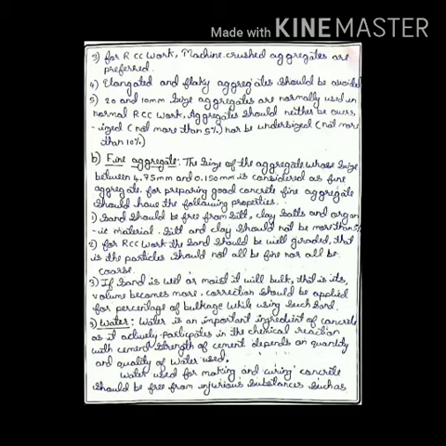The third important ingredient of concrete is water. Water is an important ingredient as it actively participates in the chemical reaction with the cement. The strength of concrete depends upon the quantity and quality of water used.